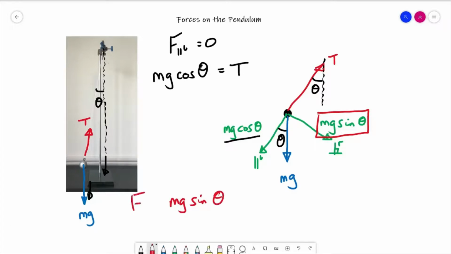That therefore is our net force. Now that net force is the force that is causing the pendulum to want to return back to the equilibrium position, and we therefore call it the restoring force.